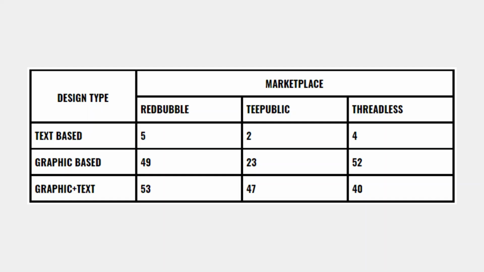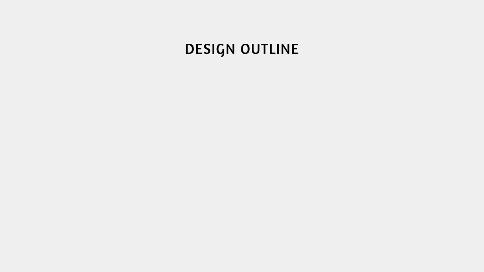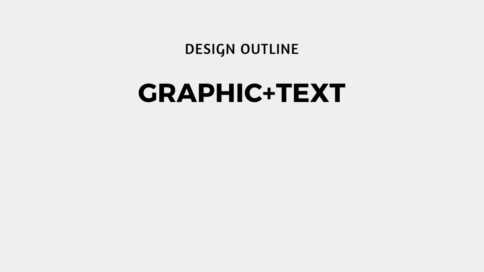I took all the counts for 3 different marketplaces for the same niche and wrote it down in this table. Here I can see for Redbubble and TeePublic, graphic plus text-based designs are in greater numbers than others. But for Threadless, graphic-based designs are. So I can decide for the specific niche my design should be a graphic plus text-based design.